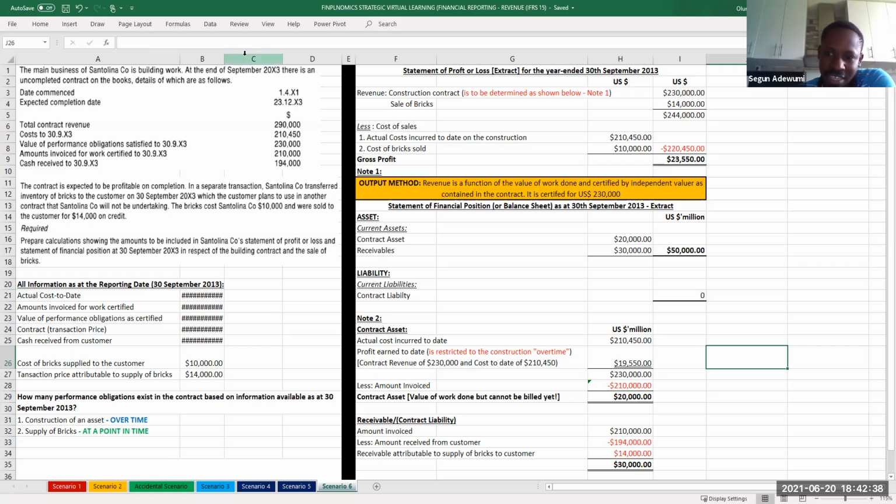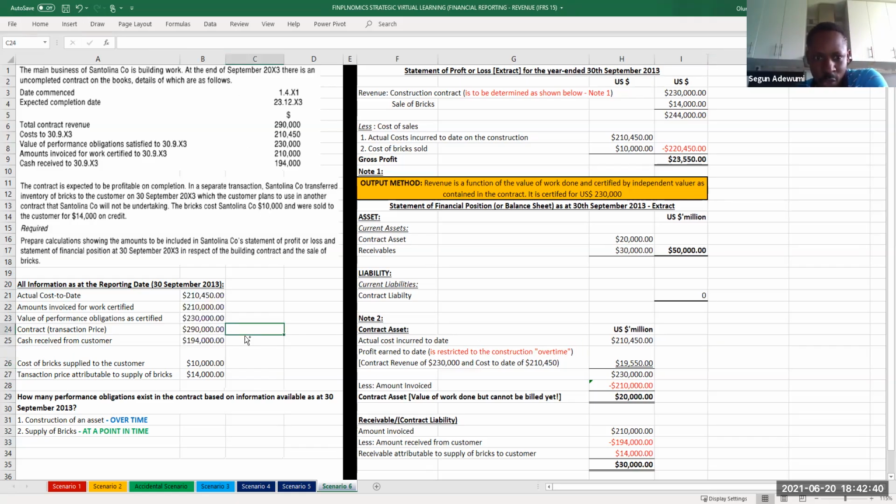Now, when it is not certain whether you will eventually get it, let's say things go unfavorably, or the project did not perform as expected and you cannot access that retention fee, as at the time the contractor is reporting, should he still go ahead and recognize that retention fee in the balance sheet? If he must recognize it, should it be a contract asset or receivable?